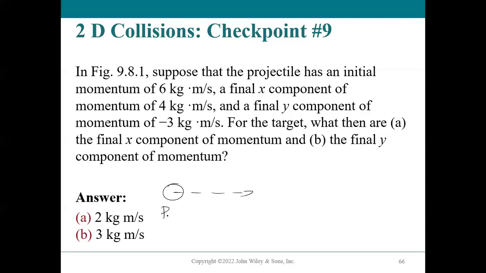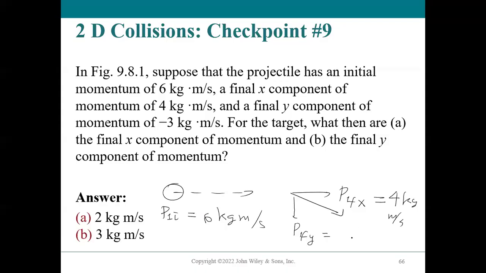The initial P1 is equal to 6 kilograms meter per second. And then after that, you can see that P1 final x is equal to 4 kilograms meter per second, and P1 final y is equal to -3 kilograms meter per second.